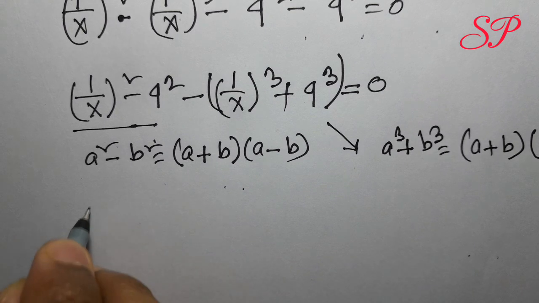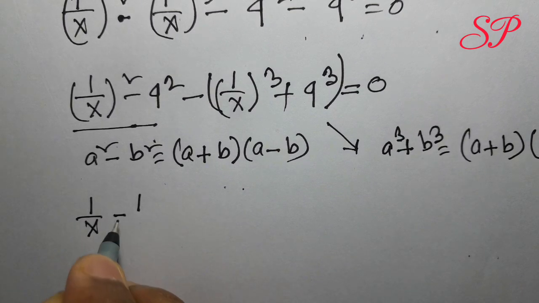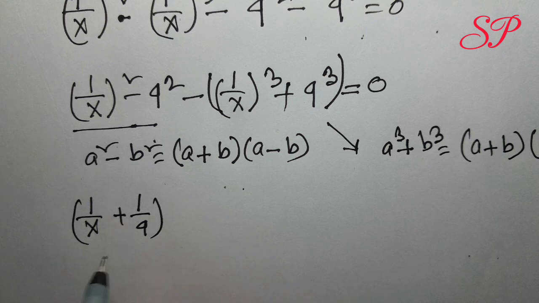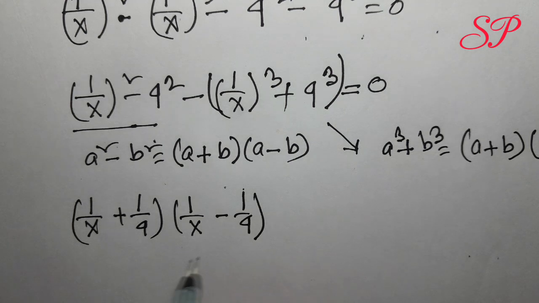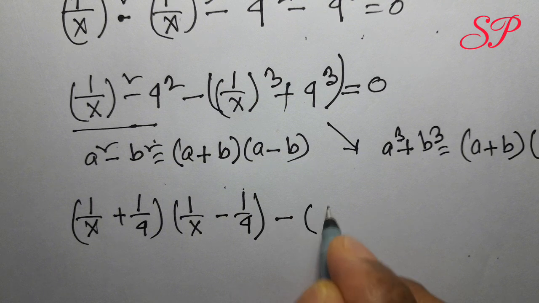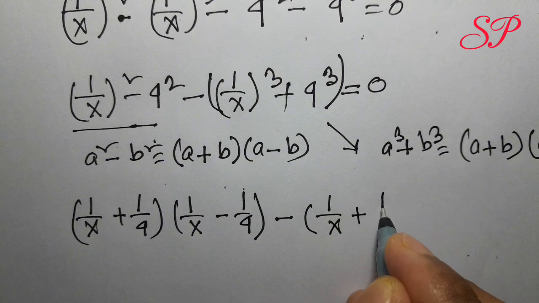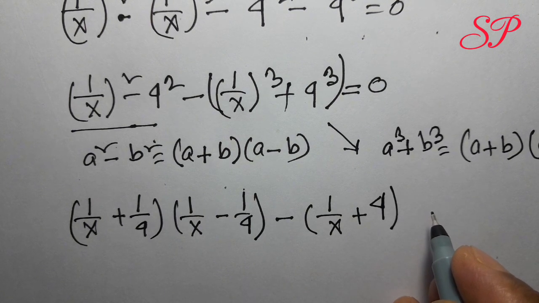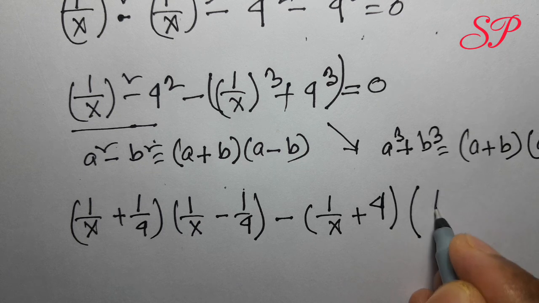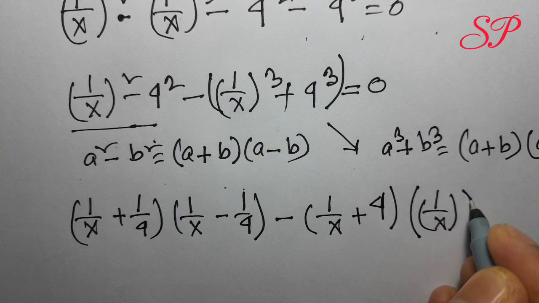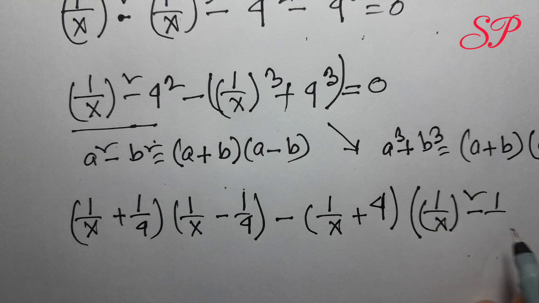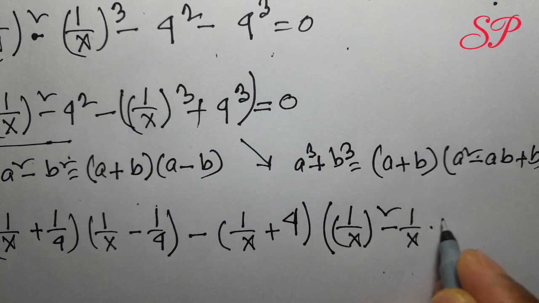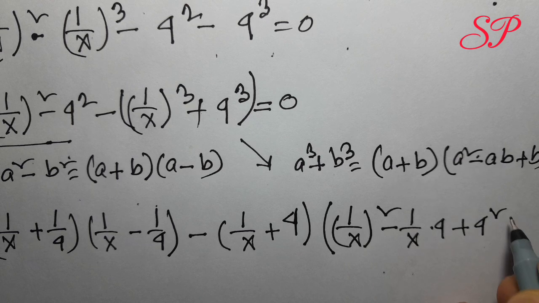So we can write (1/x plus 4) and (1/x minus 4), and here we can write (1/x minus 4) and (1/x) square plus (1/x) into 4 plus 4 square.